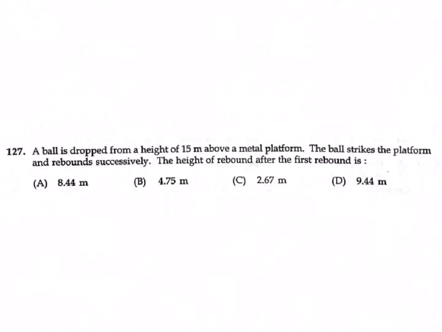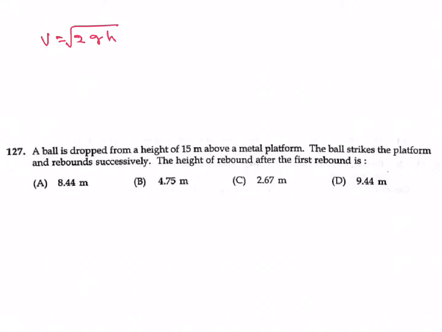Question is, a ball is dropped from a height of 15 meter above a metal platform. The ball strikes the platform and rebounds successively. The height of rebound after first rebound is how much? So your e value is not given. V is root over of 2gh.